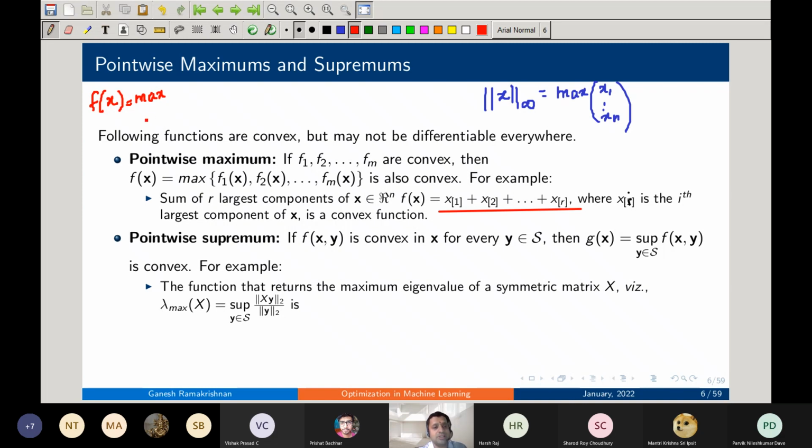So V is a vector which belongs to the space of permutations of a vector of r ones. The first r are ones and then the rest are all zeros. These are r ones.